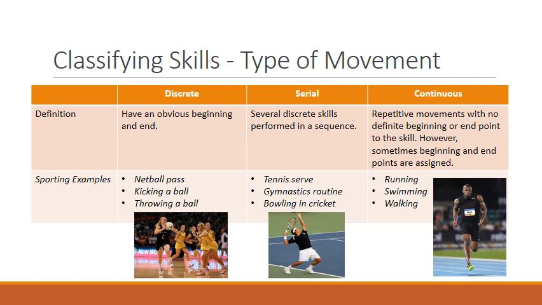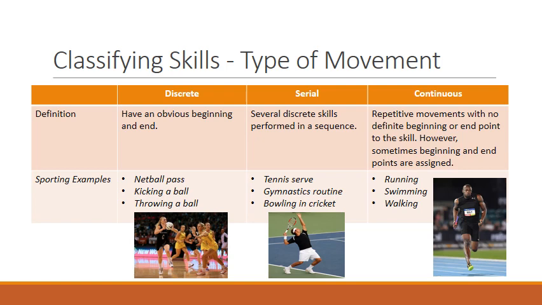And then we have our last category, which is a continuous skill. This is the sort of skill where you almost don't know where it starts and stops. So if you're running, for example, you might perform in a 100-meter race. It has a start and a finish, but we say there's an arbitrary beginning and end point.